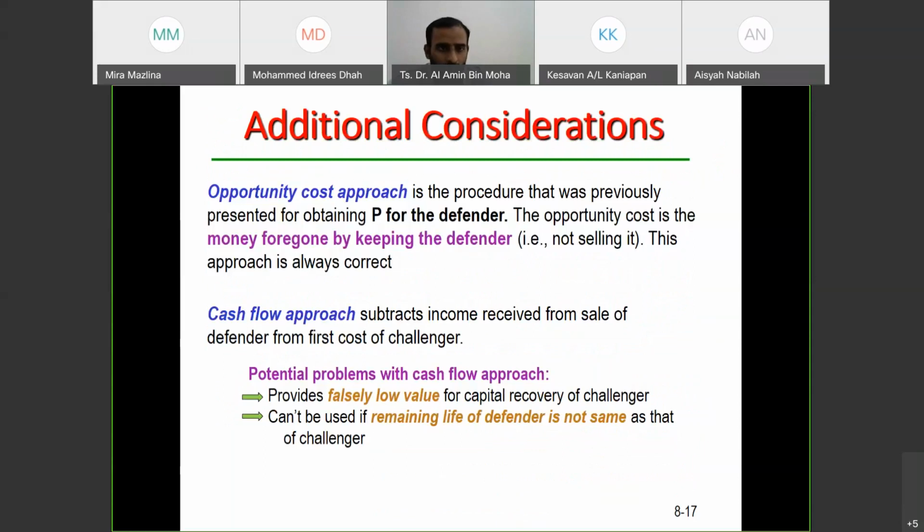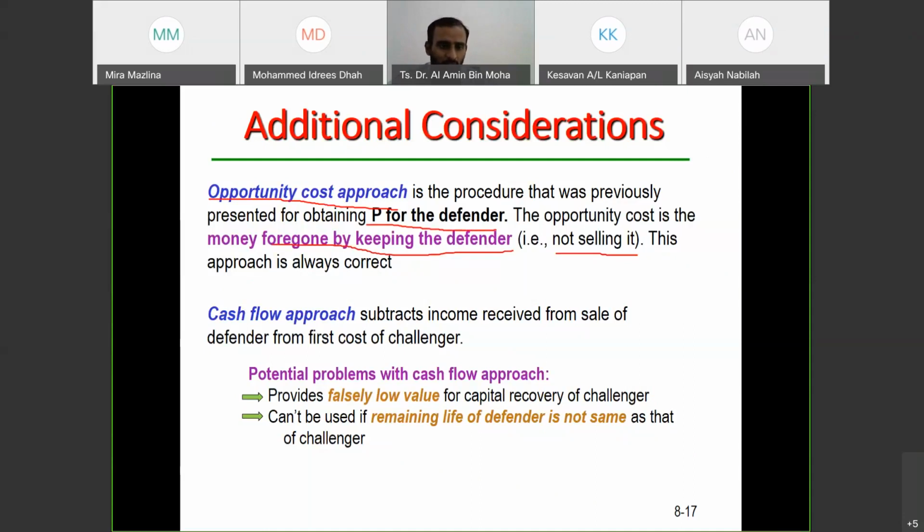So here are additional considerations: the opportunity cost approach. This is the procedure that was previously presented for obtaining P for defender. The opportunity cost is the money foregone by keeping the defender, by not selling it.